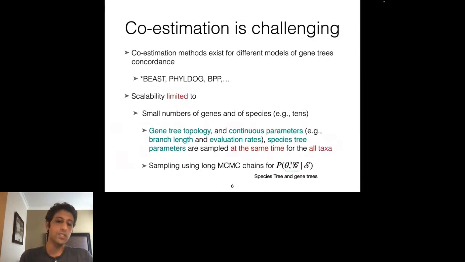And both the species tree and gene tree have discrete parameters like their topology. They have continuous parameters. There is a huge space that you are trying to sample just using MCMC. And so it's not so surprising that the methods don't scale. It's a very difficult problem they are trying to solve.